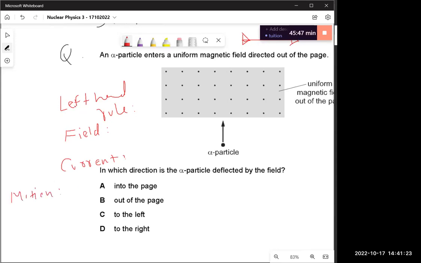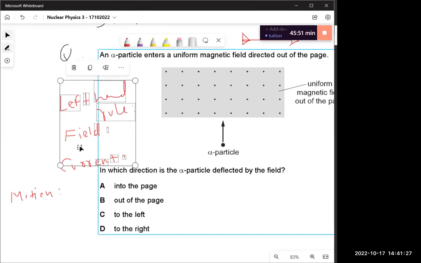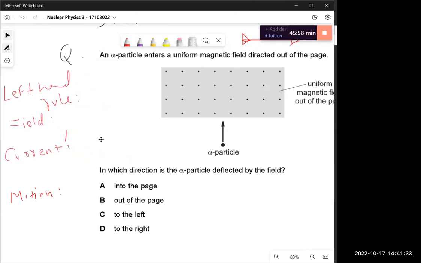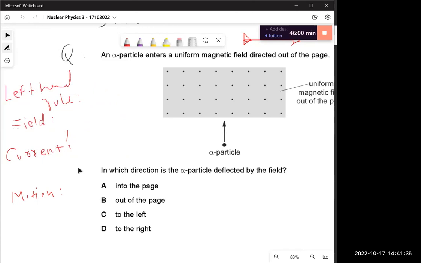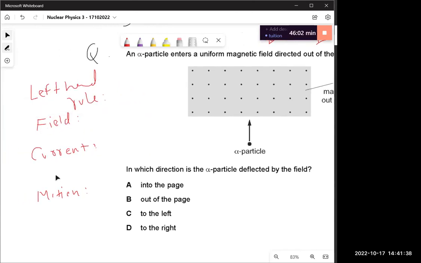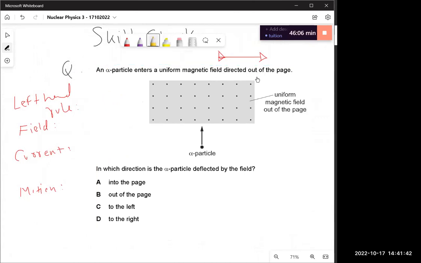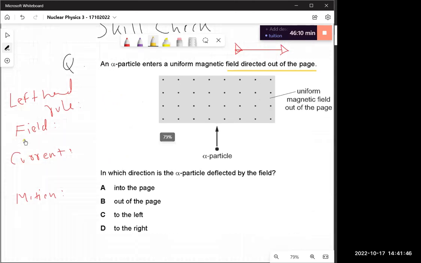Okay, so what is the direction of the field for alpha? The field is given in the question. Tell me, where is the field going? Nearby, the field is directed out of the page, so the arrow is coming towards you.